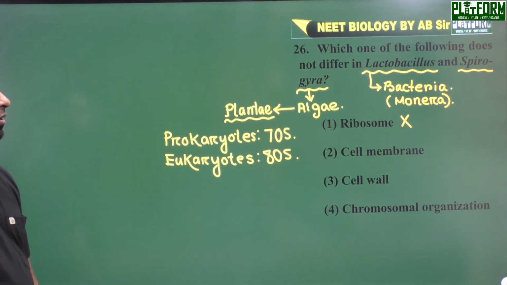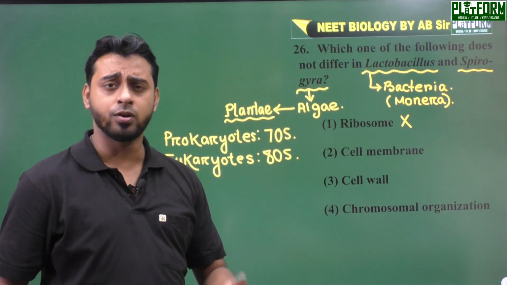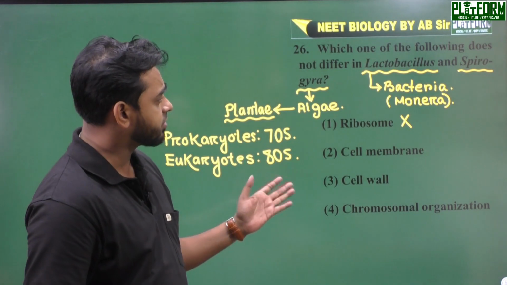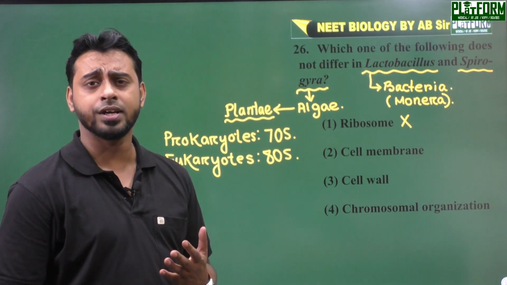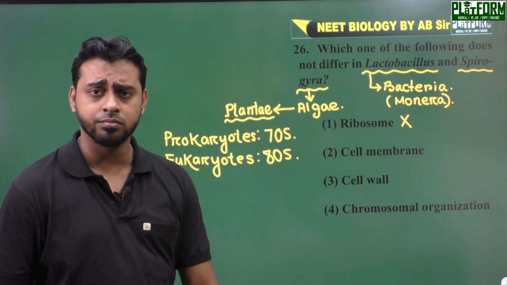Okay, so it is not similar in Lactobacillus and Spirogyra, because Lactobacillus is an example of a prokaryotic organism, whereas Spirogyra is an example of a eukaryotic organism.